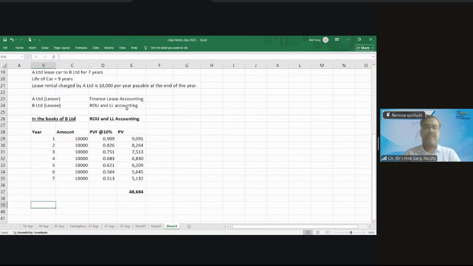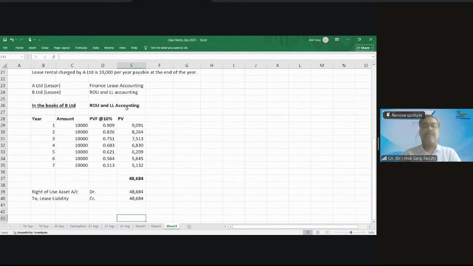So my accounting entry in the books of B Limited is right of use asset account debit to lease liability. So this is the accounting in the books of B Limited.